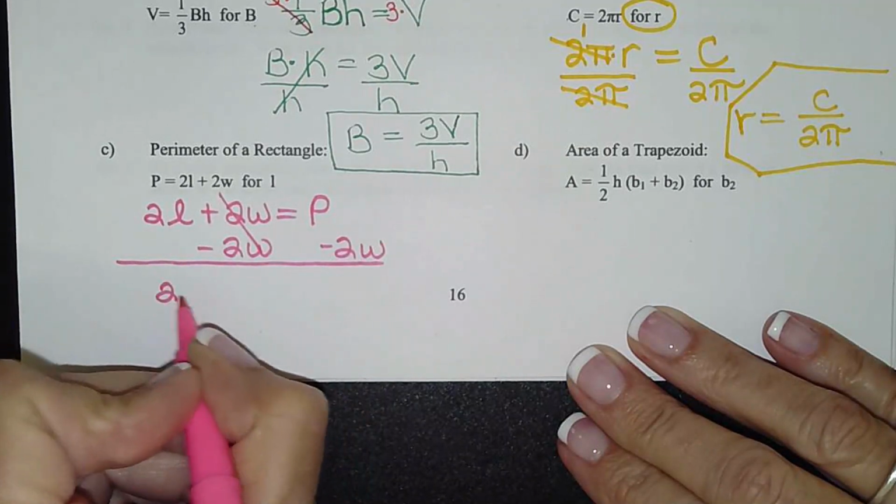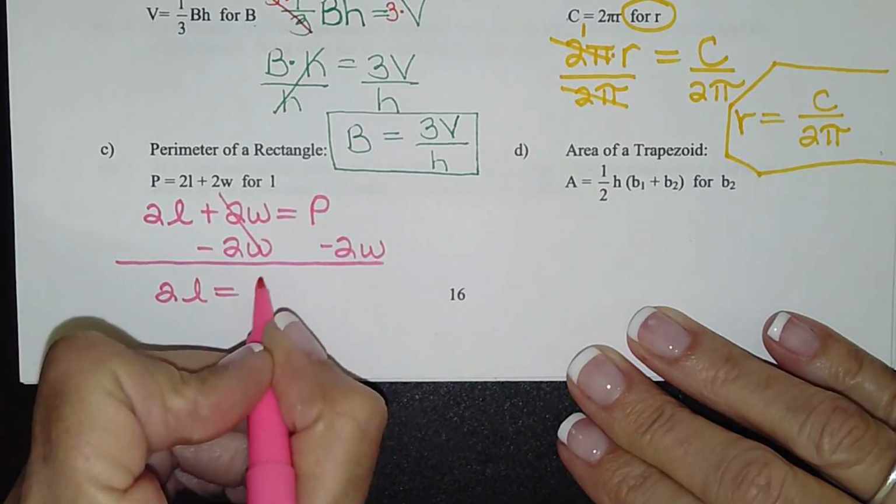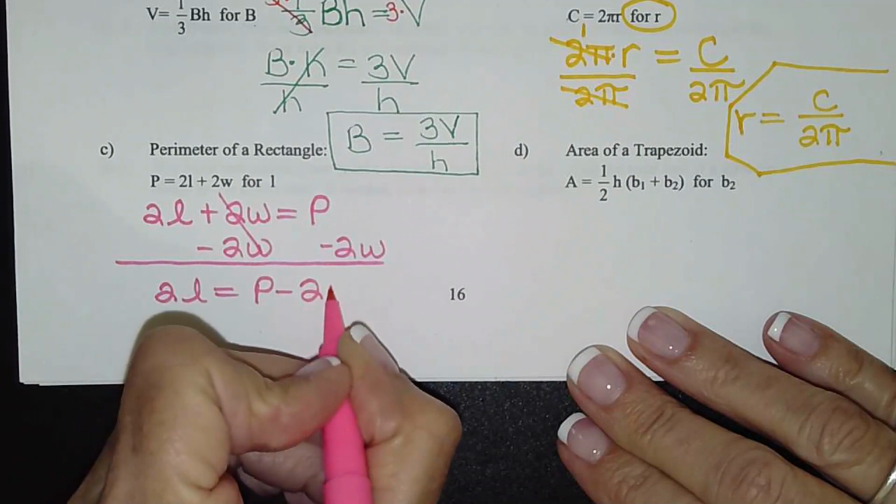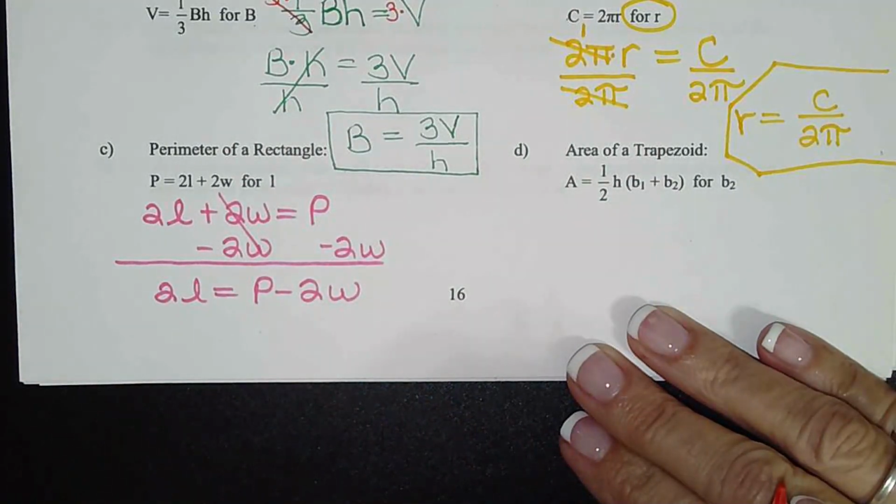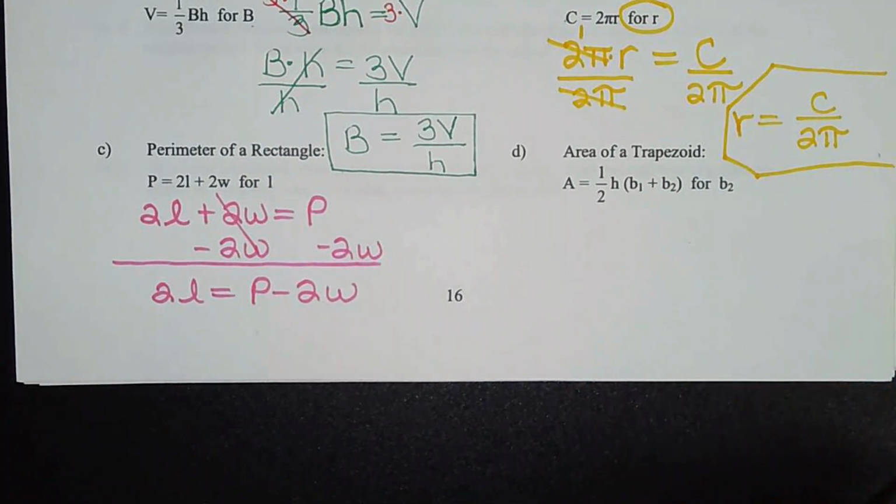So 2L equals P minus 2w. And look at that. I almost have L alone. One step away. So there's 2 different ways you can do the next step. And I don't think any teachers or computers would care which way.